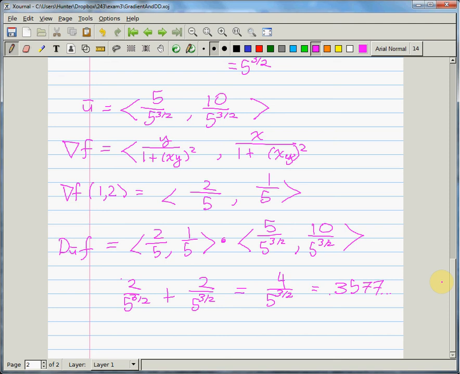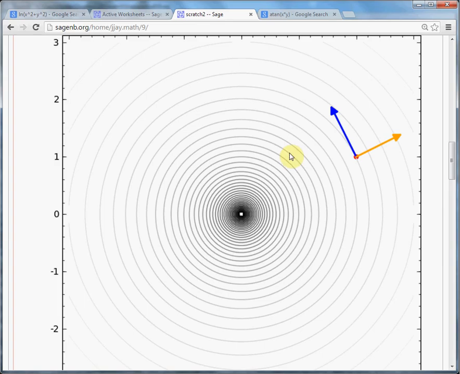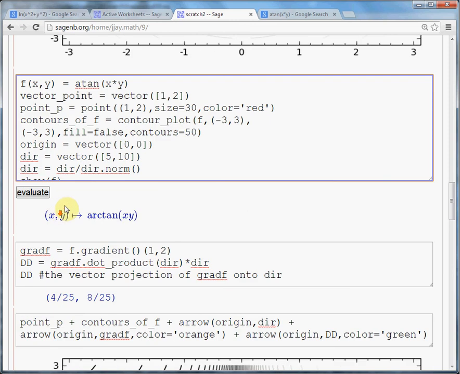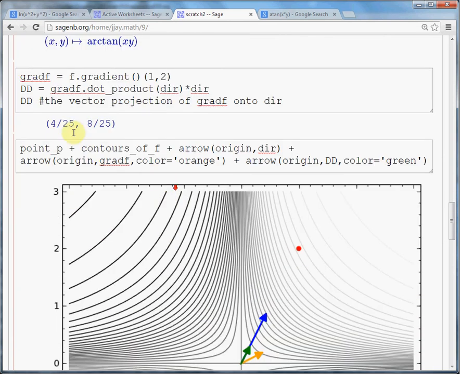So let's go through the SAGE. So I did pretty much exactly the same thing here. So now f is arctangent and the point of interest is 1, 2. Make a contour plot, make the origin. Here's the given direction, and we normalize it. Now I also added something else here.